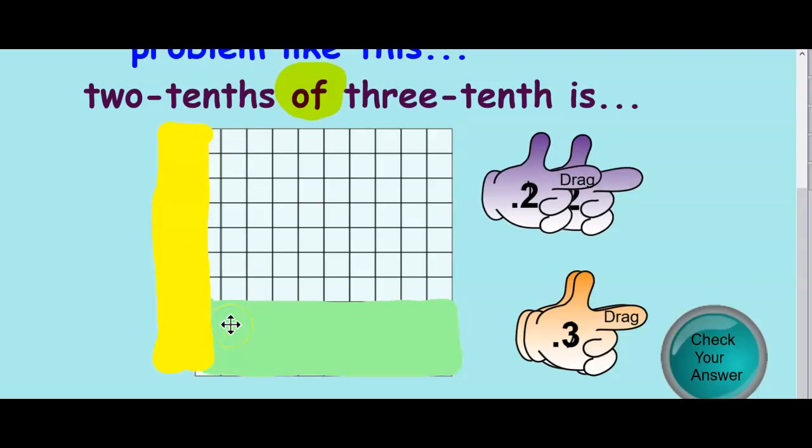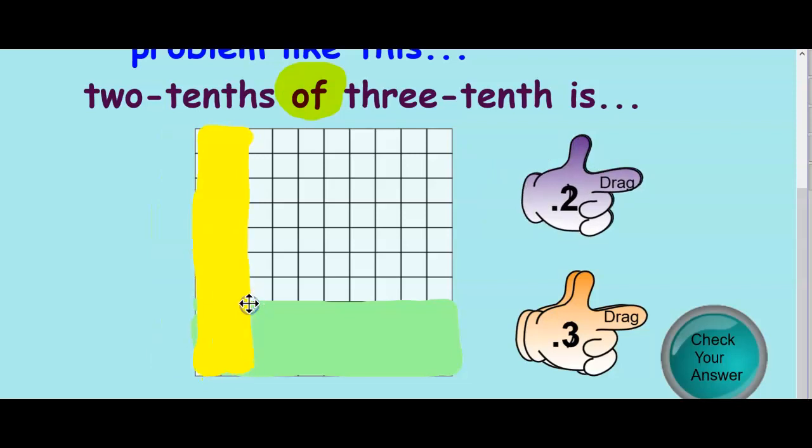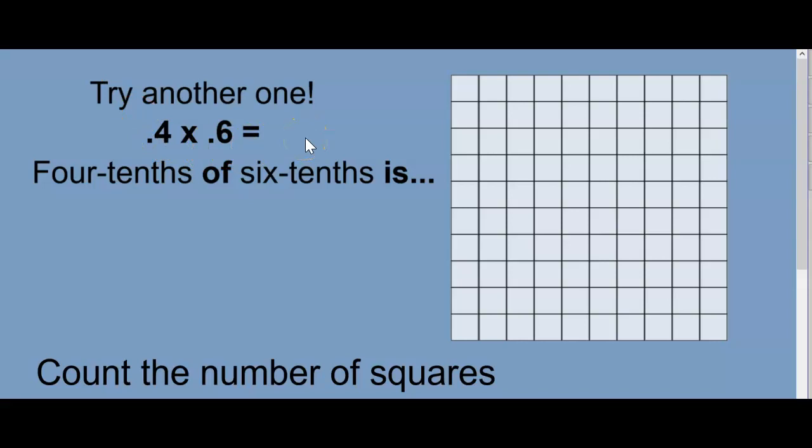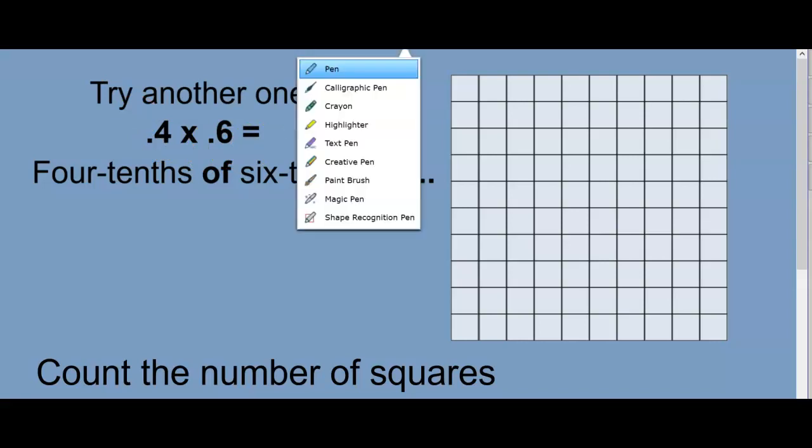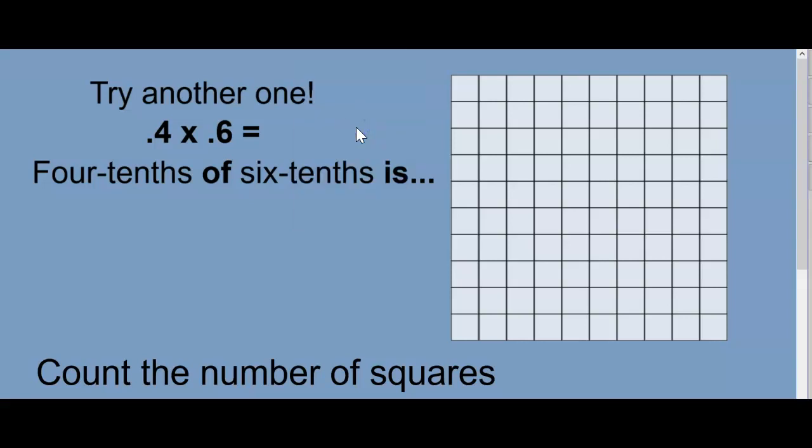So what's underneath that yellow and that green right there that overlaps? Another example from this would be doing 4/10 times 6/10, and let me get my highlighter here. If I shade in 4/10 this way, sorry, I went a little over the 4/10, and then I did 6/10 going this way.